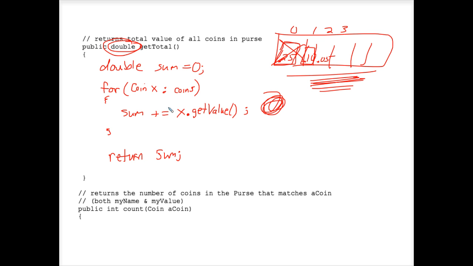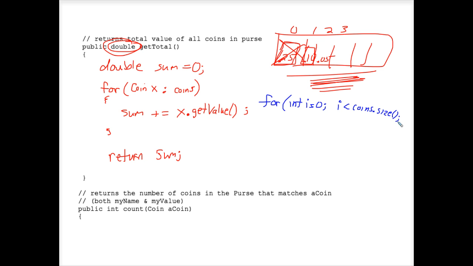This is fine as one way of implementing this method, getTotal, but I could also have used a traditional for loop. This traditional for loop could be written with the local variable i, perhaps int i equals 0, i less than coins.size, which is something we do have to check with this version of the for loop.